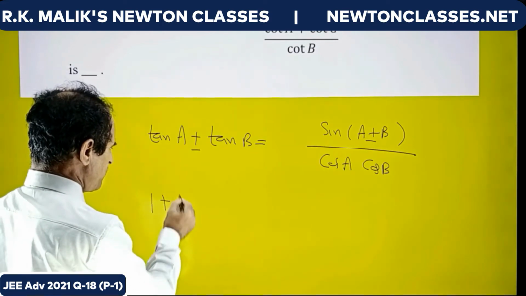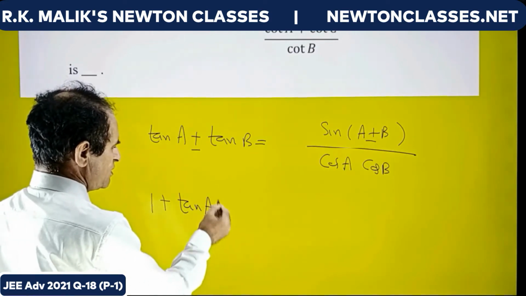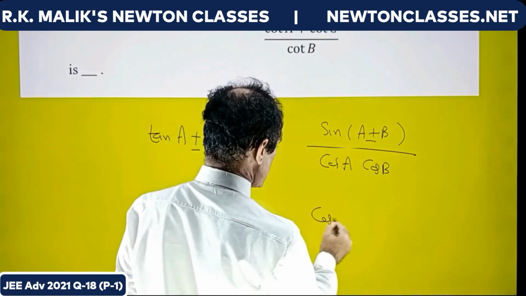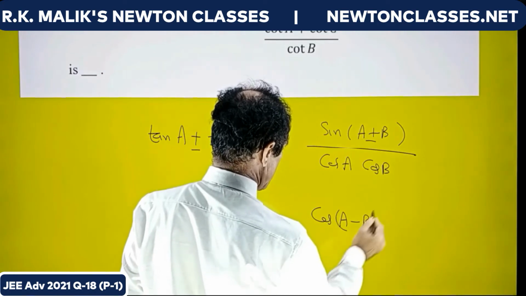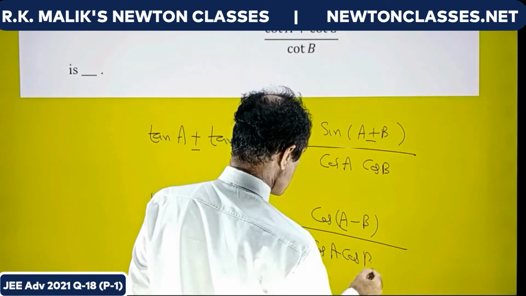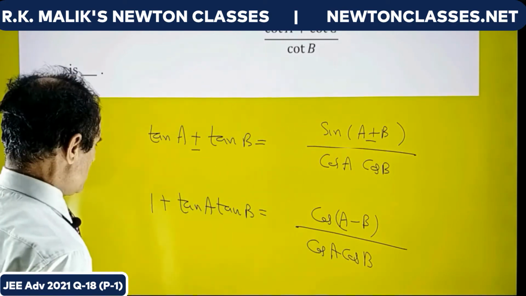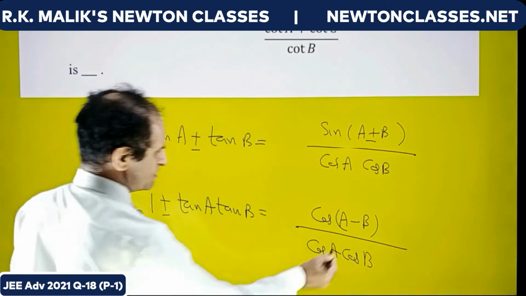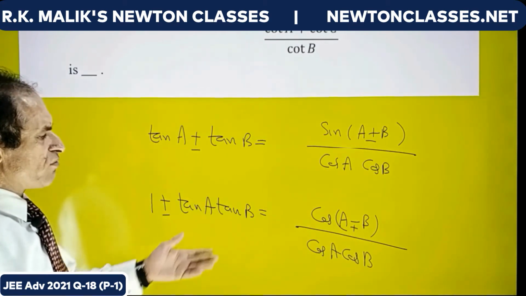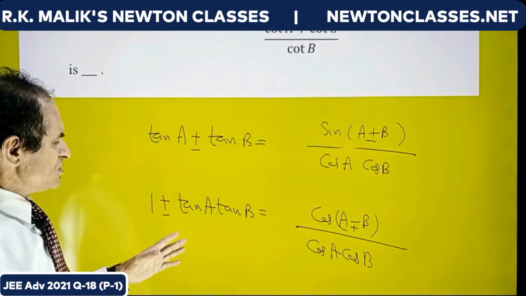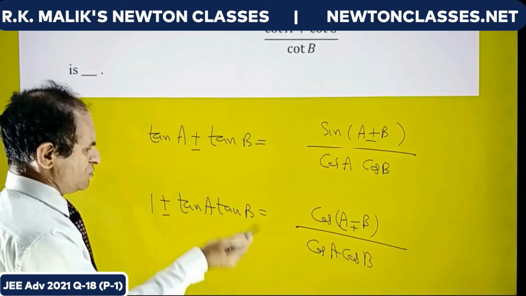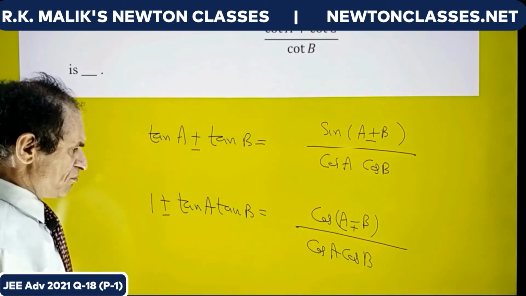Similarly, 1 plus tan A tan B is cos(A minus B) upon cos A cos B, and 1 minus tan A tan B, then plus comes here. It's not required to remember it. As soon as you require this formula, you can make it in mind.